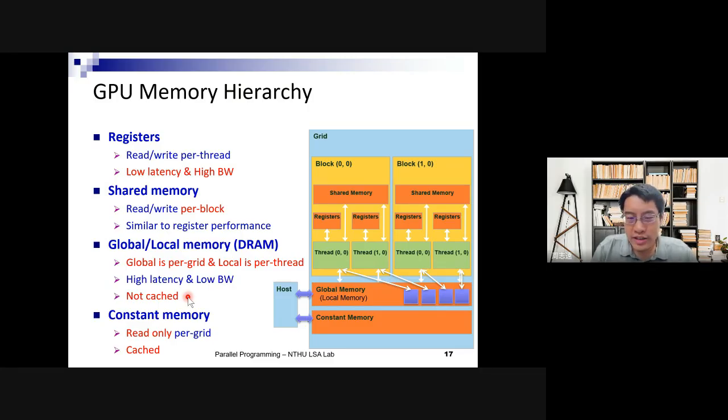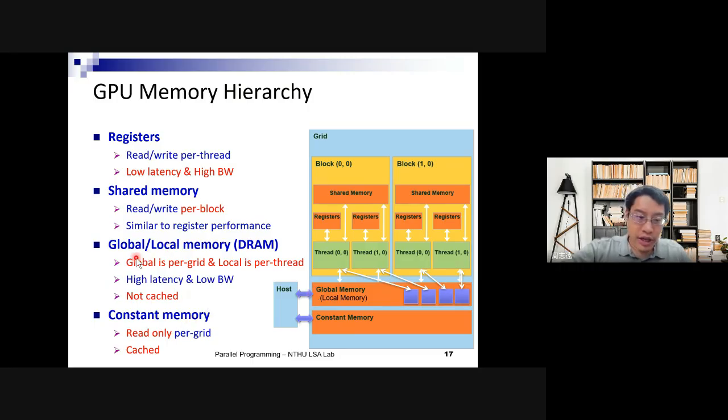According to the latest spec from some of those GPU vendors, they claim it is also possible they will cache some of the content from global memory, but anyway, it's still much slower than the shared memory. But at least it's much faster than the bandwidth between the host and device. Of course, the bandwidth between host and device is still the major bottleneck, the slowest one.